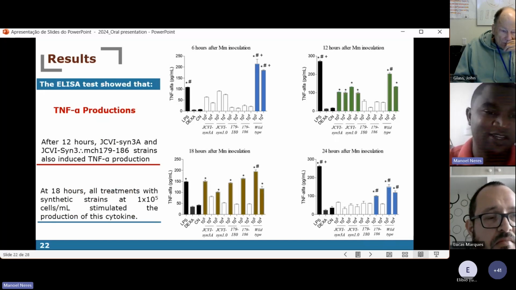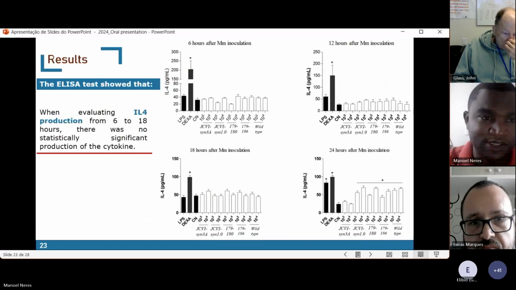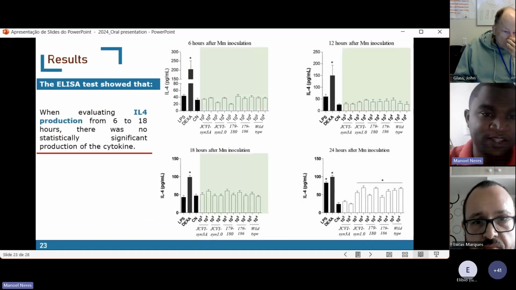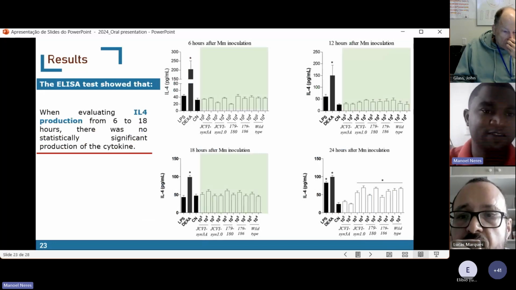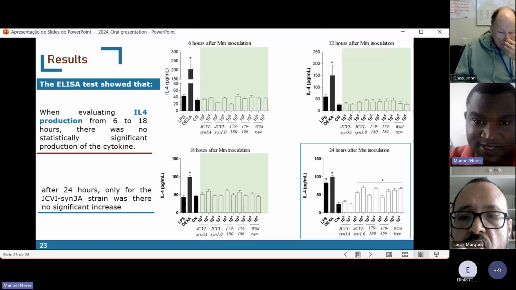At 18 hours, all treatments with synthetic strains stimulated the production of this cytokine. When we evaluate IL-4 production from 6 to 18 hours, there is no statistically significant production of the cytokine. After 24 hours, only for the JCVI-syn3A strain was there no significant increase.